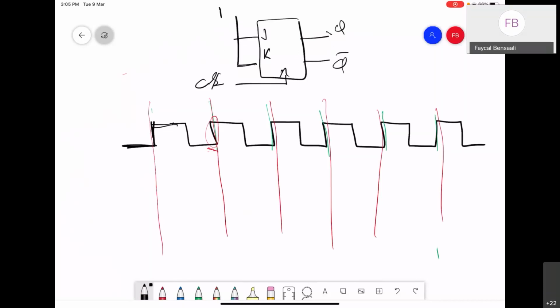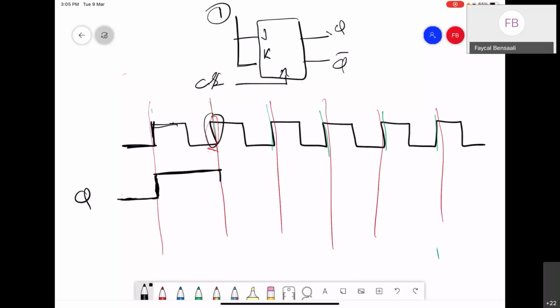And then if Q starts with 0, so this is Q. In this case, I don't need Q bar. So Q is 0. At this time, J and K are 1, and we know that J and K are always 1. So the new value of Q will be the opposite of the previous one. It was 0, it will become 1, and then it stays 1 until the next rising edge.